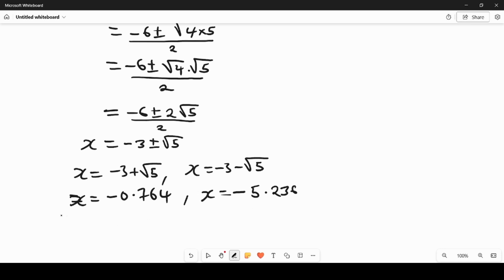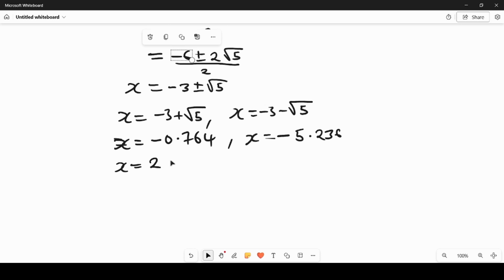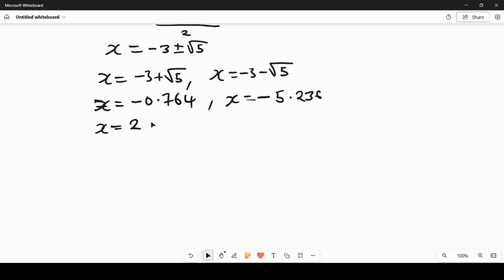These are the roots. And the other root was x equal to 2, if I can remember. x was equal to 2, yes. So these are the given roots.